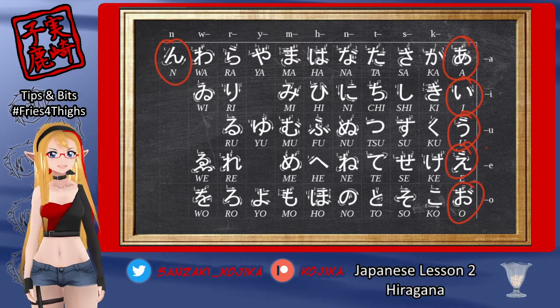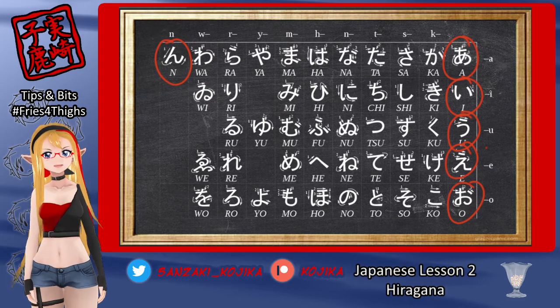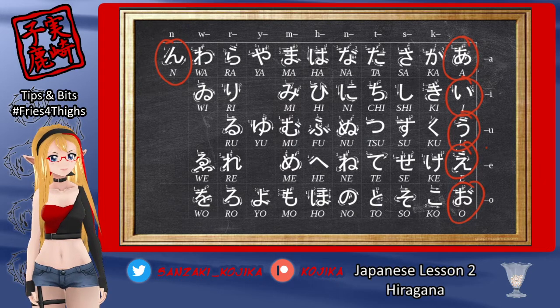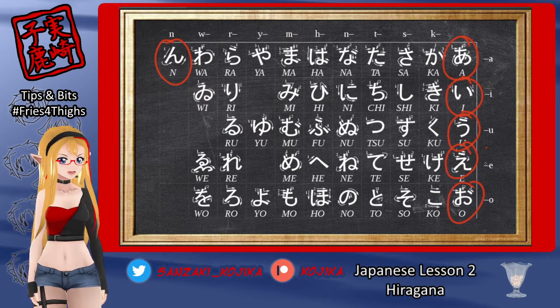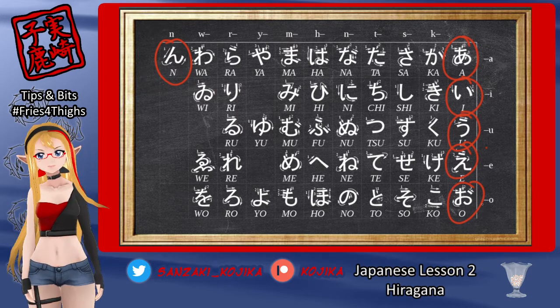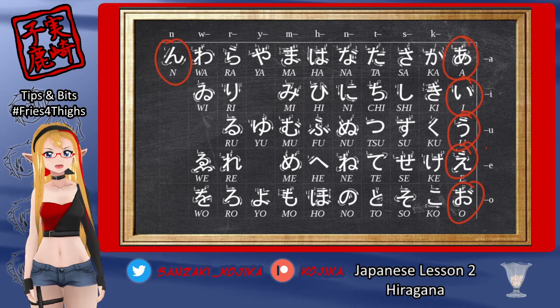That's another thing with the pronunciation. I is pronounced i: a, i, u, e, o. But yeah, these are the only ones that can be standalone, the vowels and n.